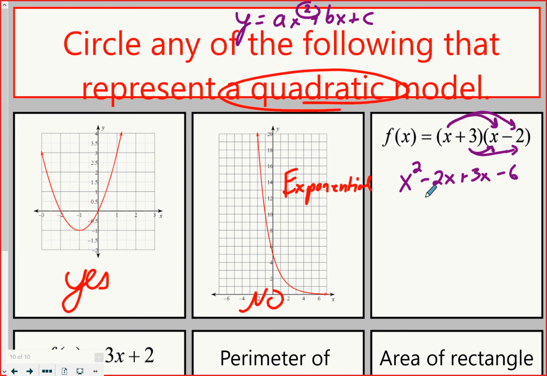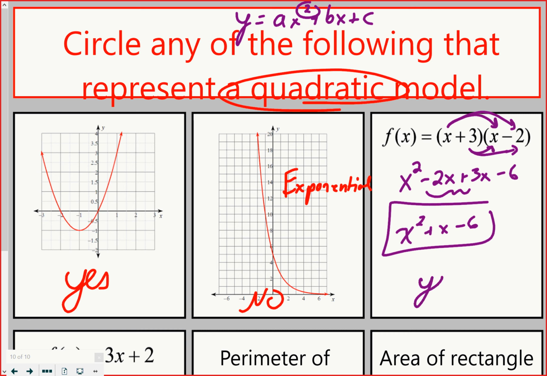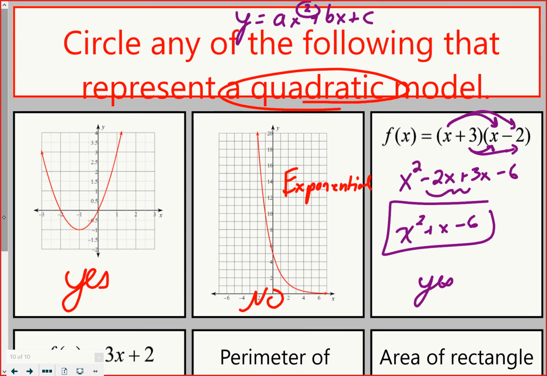So if I simplify this even further, I'll have x squared plus x minus 6. And this is in my standard form. So therefore, yes, this is a quadratic model. Any questions on that? Because I want to make sure you guys understand what I just did there.